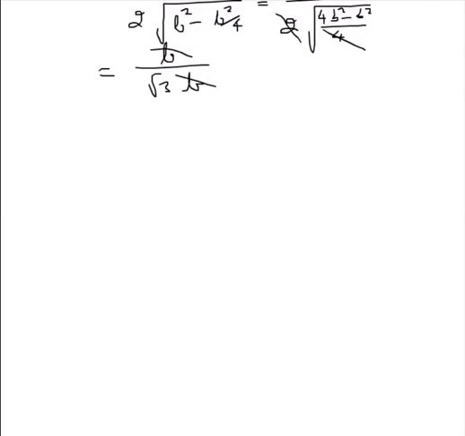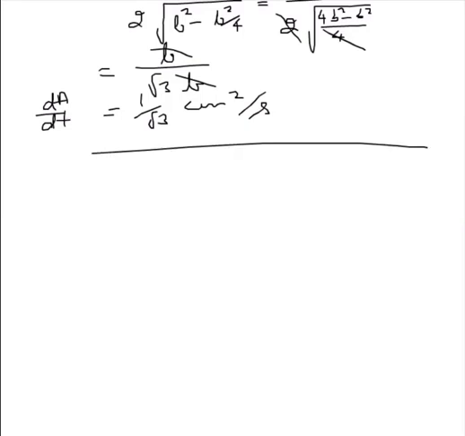So the answer is dA by dt is equal to 1 by root 3 times, the unit will be of area. Area unit is centimeter square per second. This is the answer.